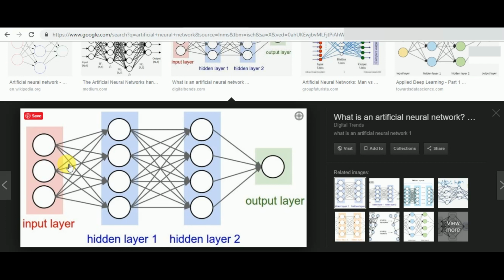Once a decision is passed through one specific layer, it goes to the second layer, making the specific decision that is needed. Once all the layers, or the hidden layers, have passed the decision, we finally get the output. That is the overview of how an artificial neural network or a deep neural network works.